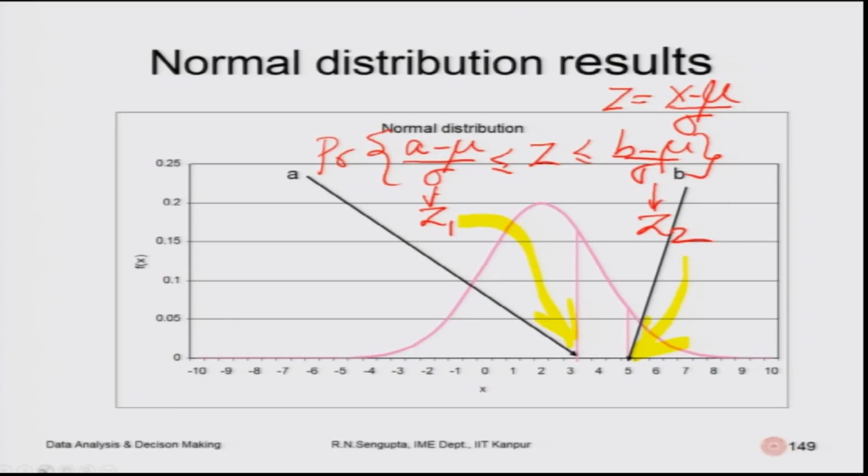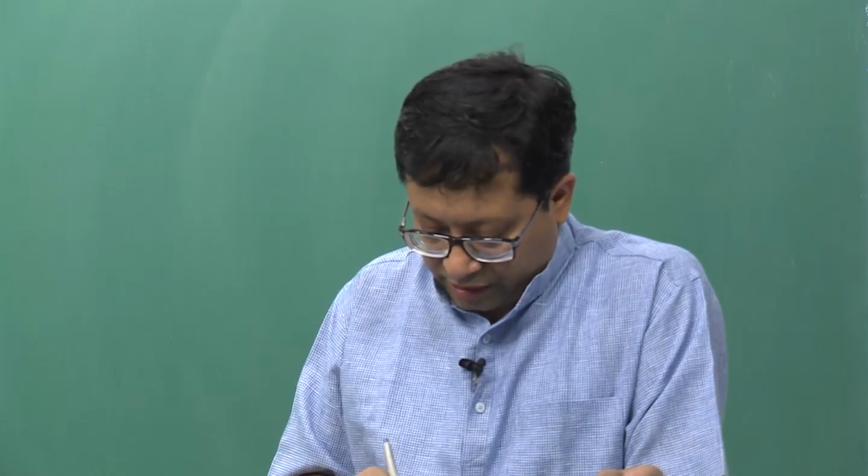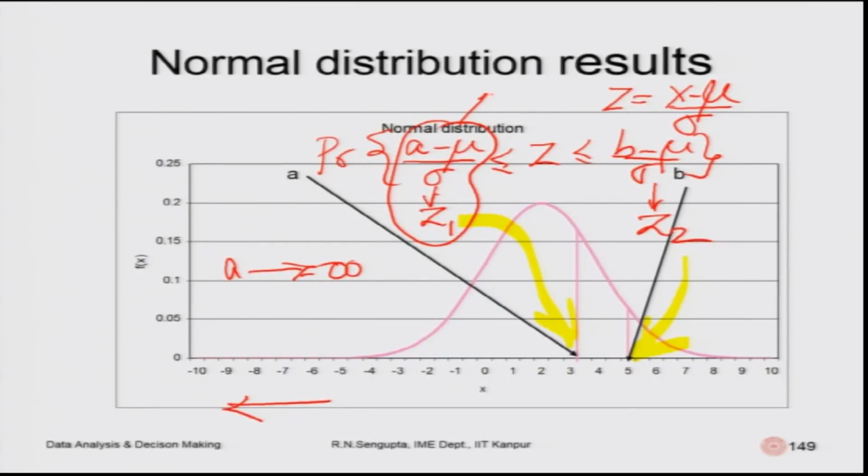Now, as we did mention, in the limiting case as a tends to minus infinity, my apologies, minus infinity, it is tending towards the extreme left hand side, so obviously this will vanish.